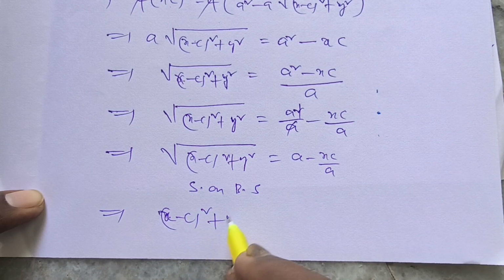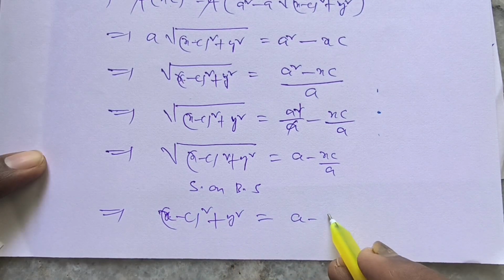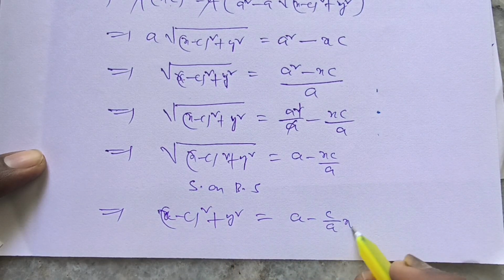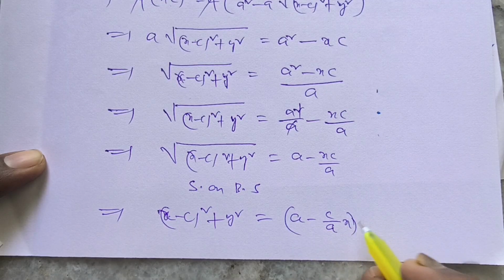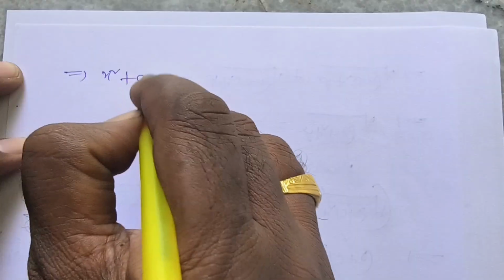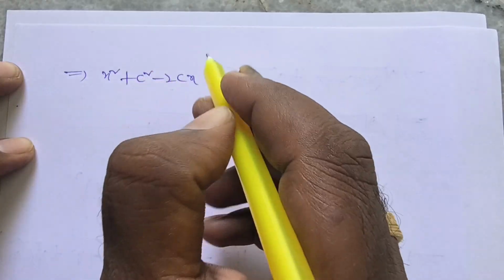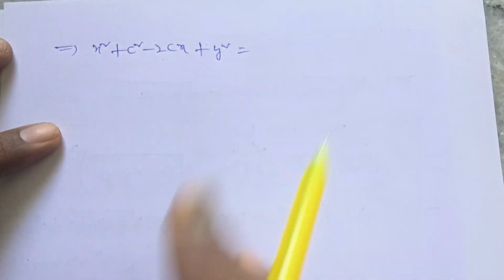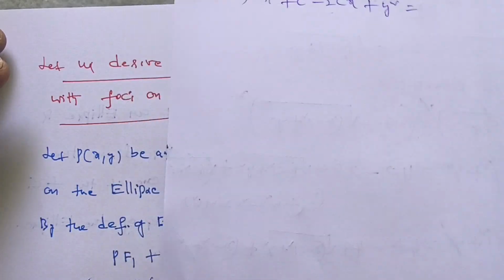Now squaring on both sides to eliminate the root. Here (x minus a) whole square plus y square, root and square cancelled here. Right side is (a minus c by a x) whole square. Now here the (a minus b) whole square formula applies.